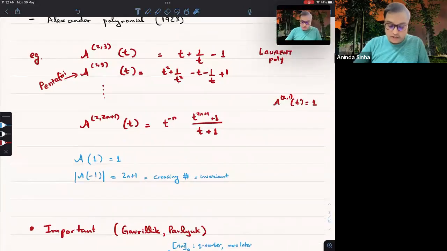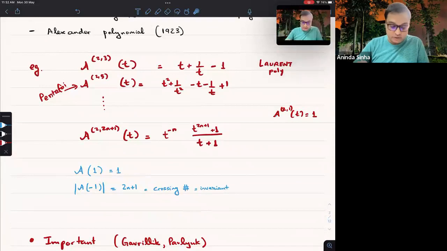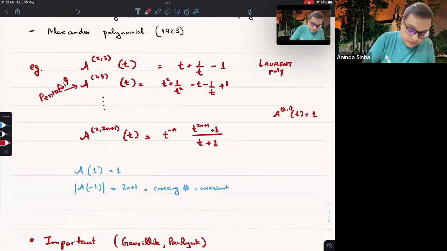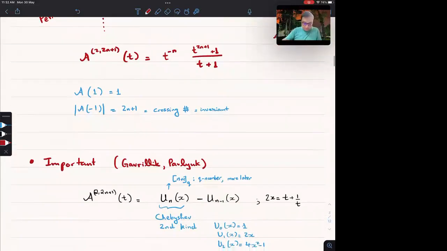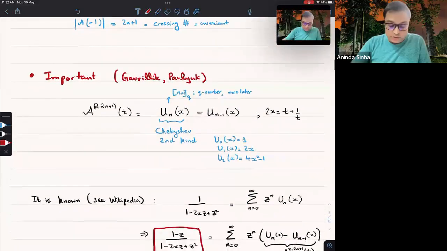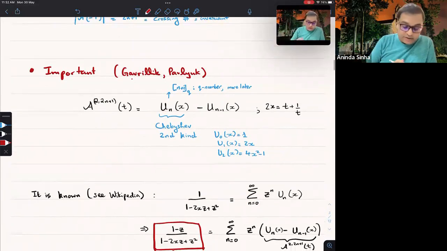That's the information that I will need so far. There is another piece of mathematics that I will need, which is actually very important, which I learned from a couple of papers by a couple of Ukrainian physicists/mathematicians called Gavrilik and Pavliuk, which relates the Alexander polynomial that I am interested in to the Chebyshev polynomial.